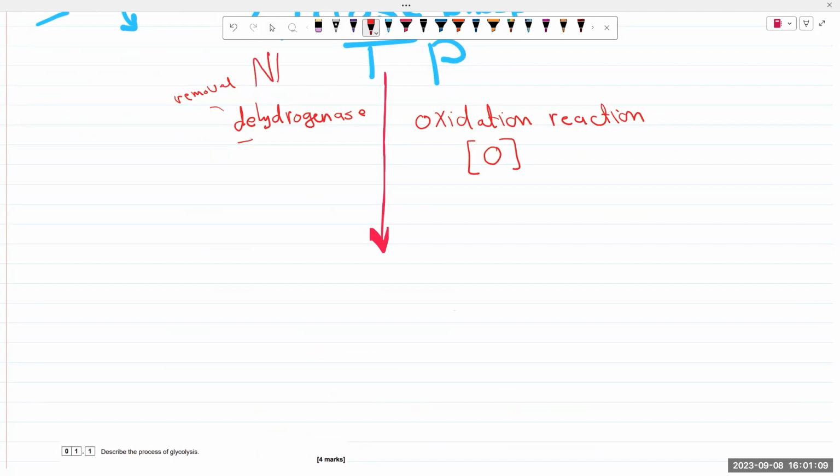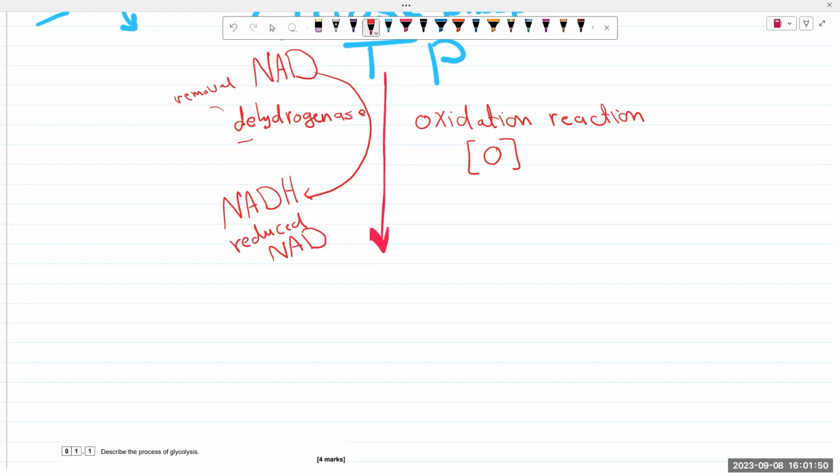We will learn about this abbreviation later, but I would like you to know that it's called NAD. What is NAD? It's a hydrogen carrier which works with the dehydrogenase enzyme. That's why we call it a coenzyme, meaning cooperative, working with the enzyme. So that NAD will accept the hydrogen, and it will be changed to NADH, or better to call it reduced NAD because it gained the hydrogen.